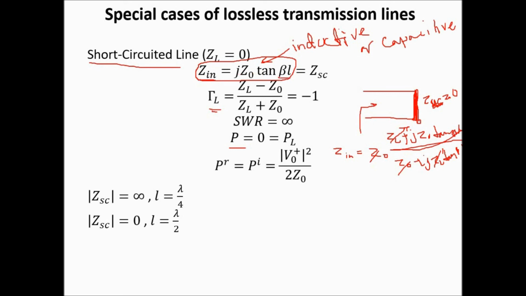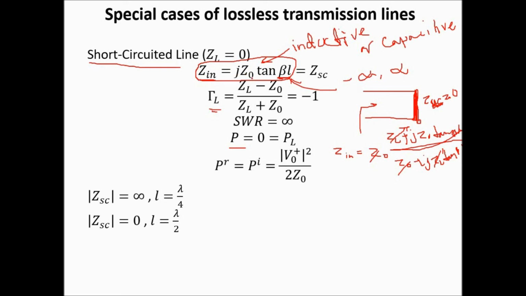As you know, tan beta L varies from negative infinity to positive infinity. If tan beta L is negative, then you will get capacitive. If tan beta L is positive, you will get positive values, inductive.